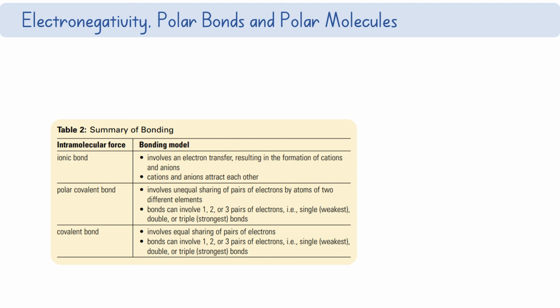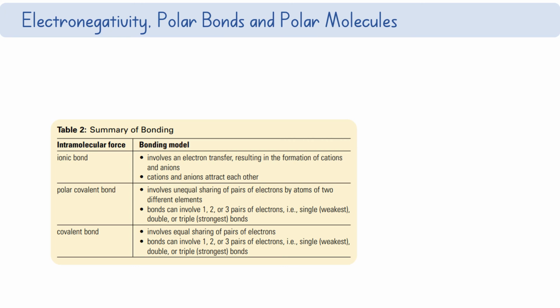The polar covalent bond involves unequal sharing of pairs of electrons by atoms of two different elements. Bonds can involve 1, 2, or 3 pairs of electrons. Single, which are the weakest, double, or triple, which are the strongest bonds.